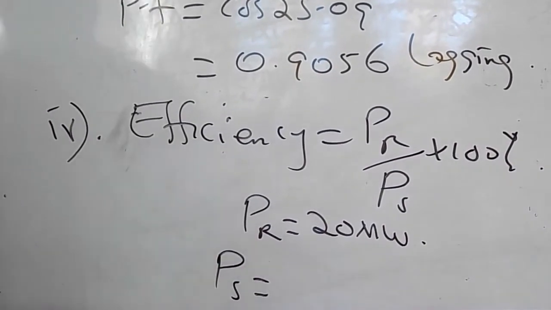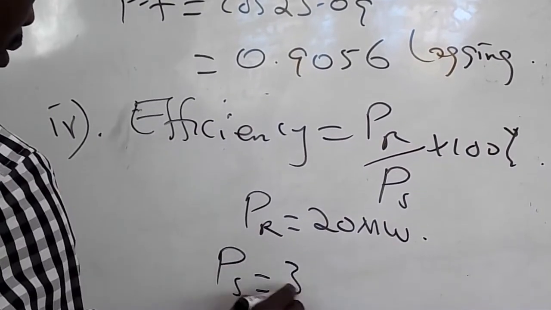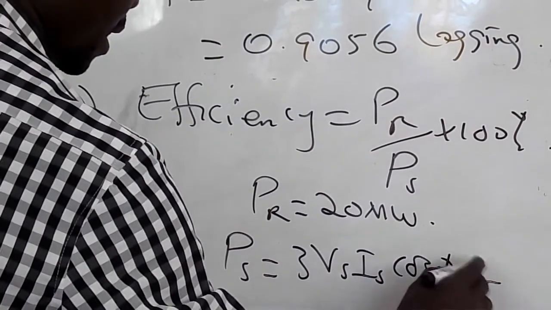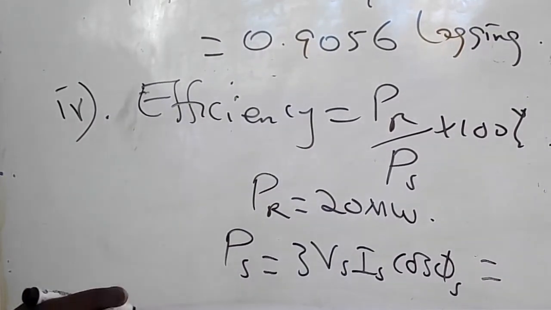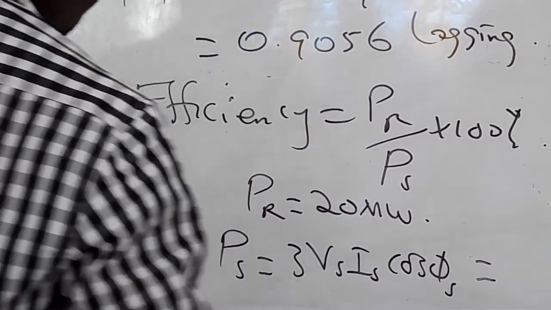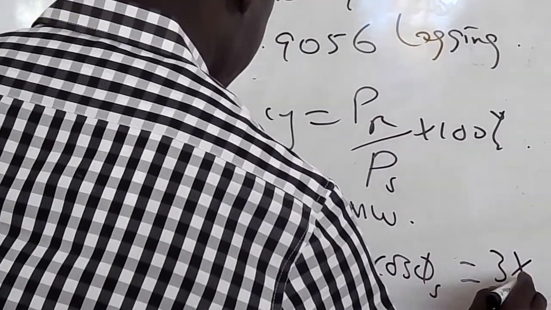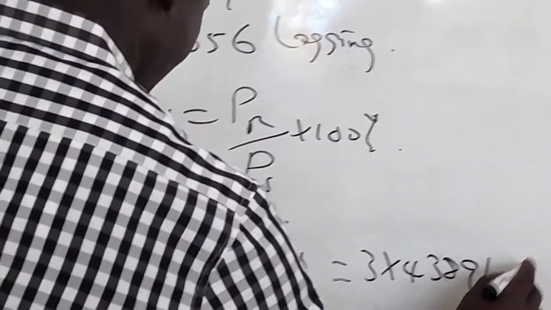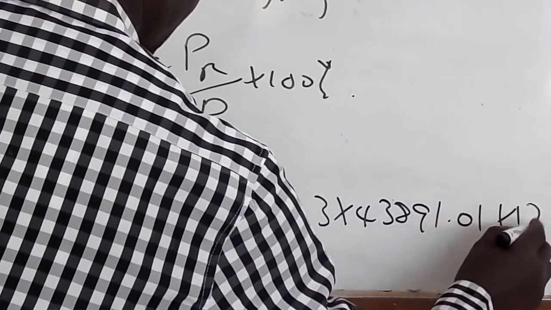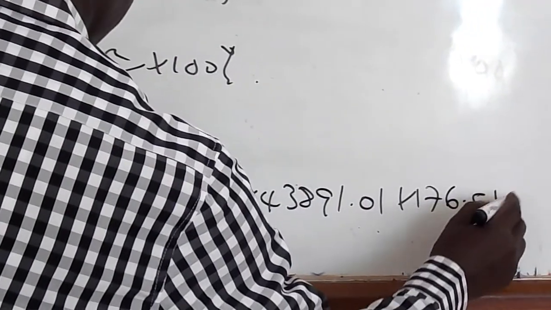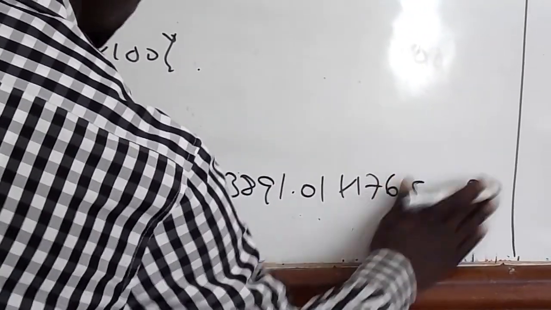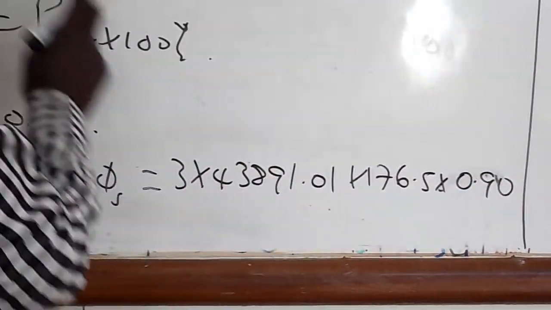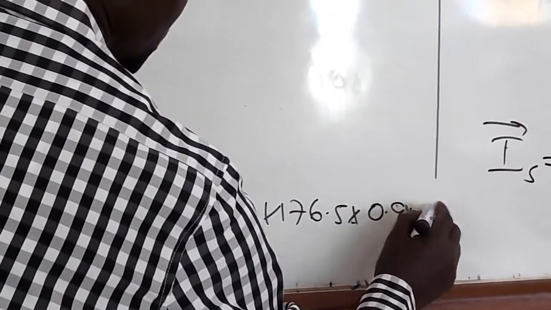PS is equivalent to 3 Vs Is cos phi s, and that is equal to 3 times 43,891.01 times 176.5 times 0.9056.